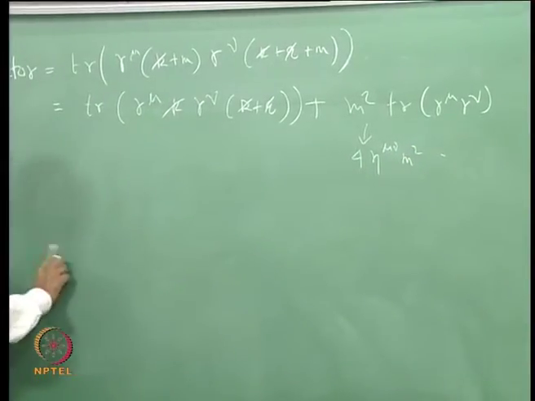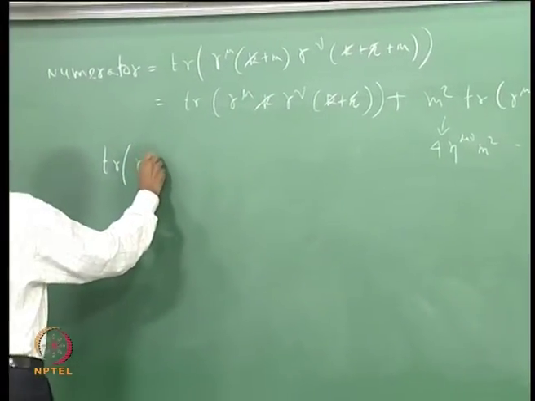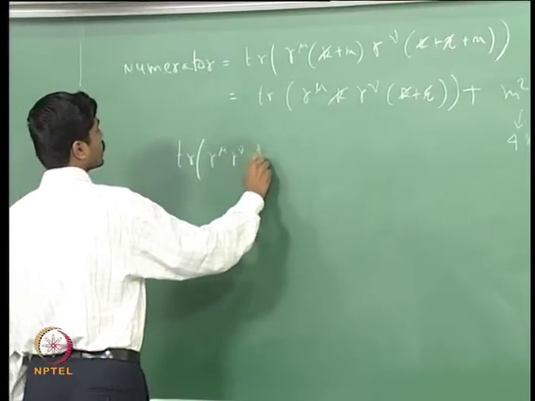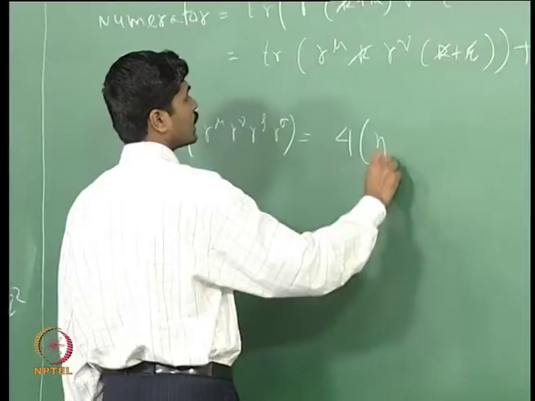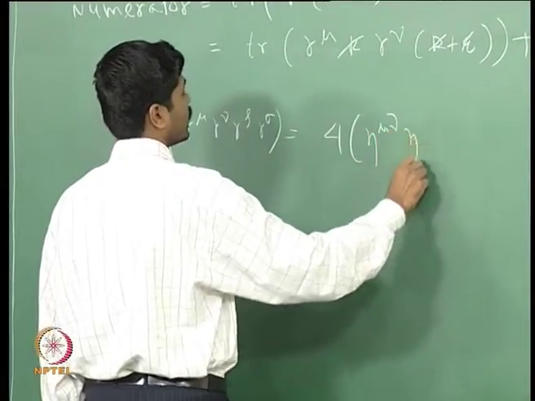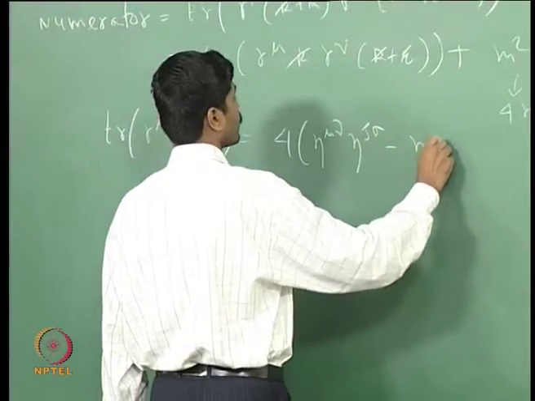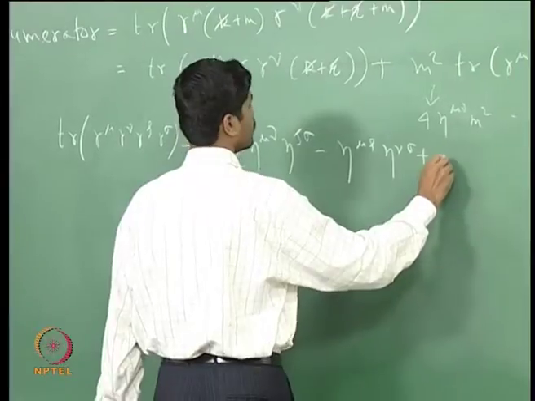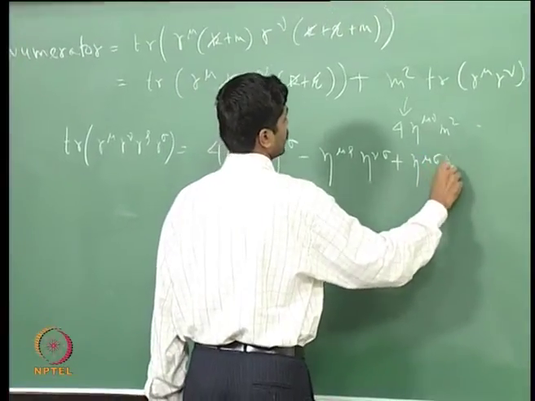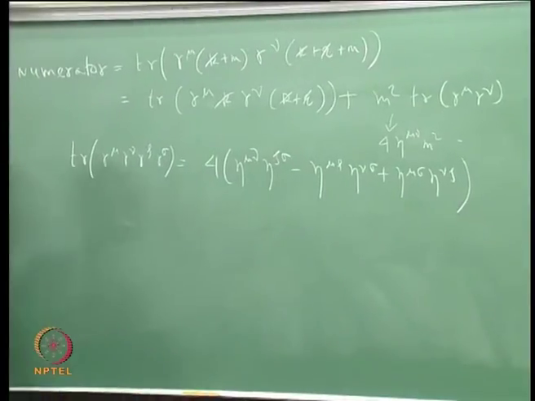So, you know what the trace of 4 gamma matrices is. You have trace of gamma mu, gamma nu, gamma rho, gamma sigma. It is basically given by 4 times (eta mu nu eta rho sigma minus eta mu rho eta nu sigma plus eta mu sigma eta nu rho). So, this is what we already know.